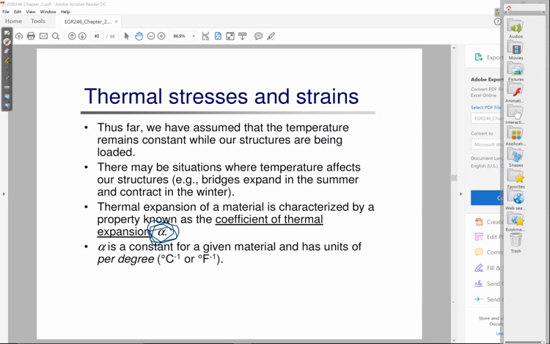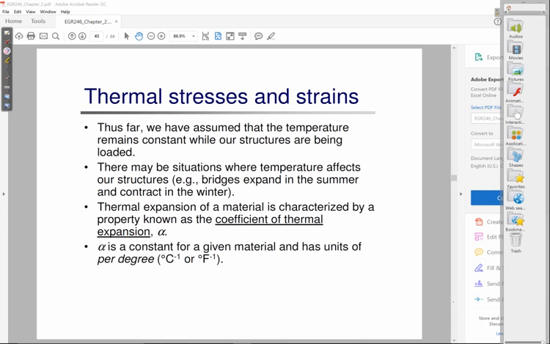And the units for this are given as per degree, either Celsius or Fahrenheit. So what does that mean? It's some value per degree Celsius. Well, if you remember, strain is dimensionless.